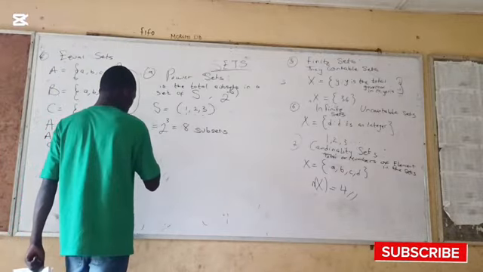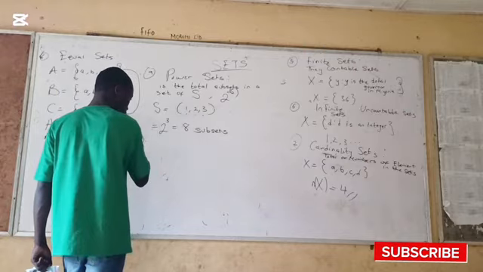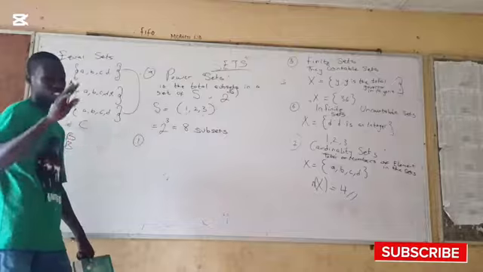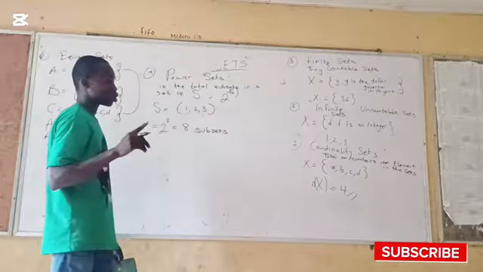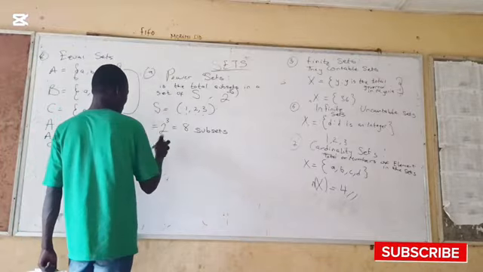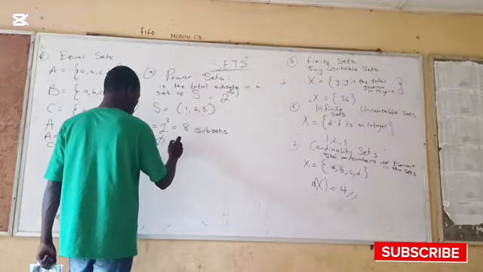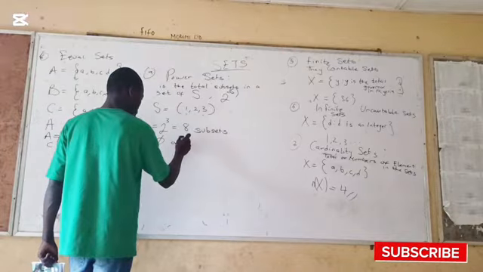Now to start with all these subsets, we have 8 subsets, so we are going to list all the 8 subsets out. You first start with your void or null set. That is your empty set. So the first one will be your empty set. Either you write it in this form or just write it like this.